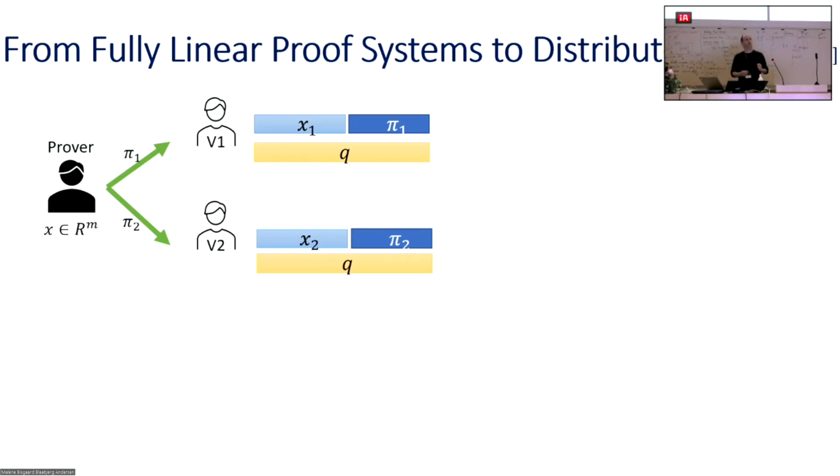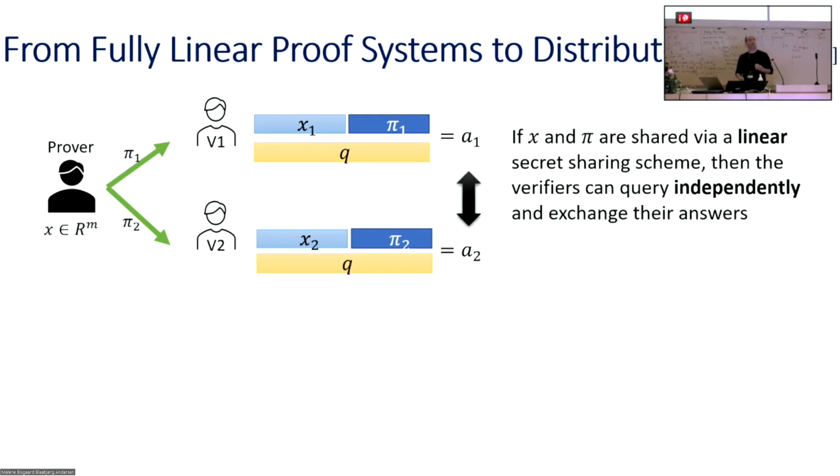And now each verifier will locally query its shares of the proof and the input. If the secret sharing that we use for sharing the input X and the proof pi is linear, each verifier will obtain a secret sharing of the answers to the queries. Therefore, they can simply exchange their answers, obtain the answers, and based on that, decide whether to accept or not.